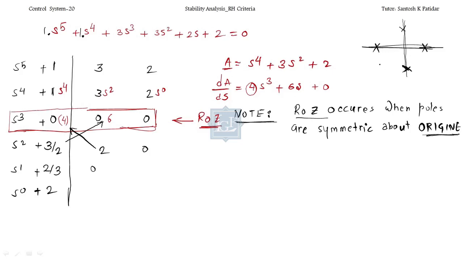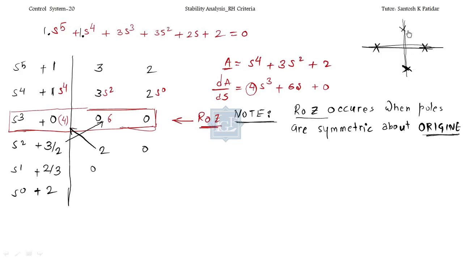For this question, we are not getting any pole in the RHS of the plane, because we are not getting any sign change in the first column. It means no poles in the RHS of the plane. So there will be no symmetry on the real axis because you don't have any pole over here. Now if you are getting the ROZ, it means that definitely there are symmetric poles about the origin.